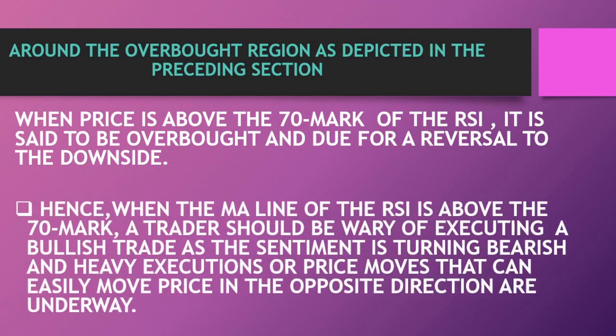Hence, when the MA line of the RSI is above the 70 mark line, in order not to be caught off guard, a trader should be wary of executing a bullish trade as the sentiment is fast turning bearish and heavy executions or price moves that can easily move price in the opposite direction are underway.